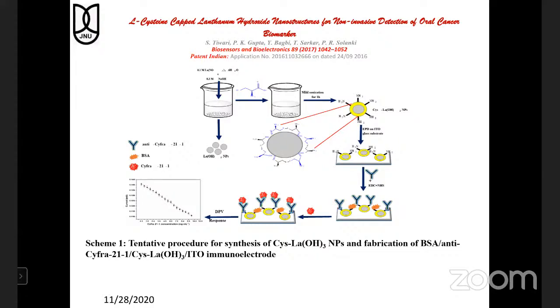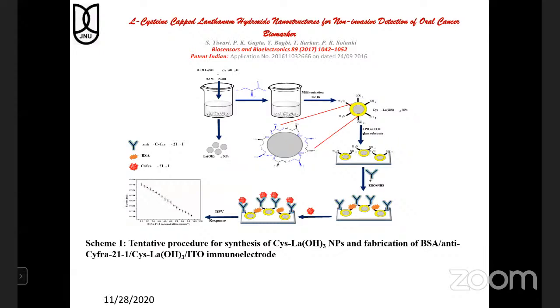To avoid this background signal, the electrode has been modified with BSA, that is bovine serum albumin, and then the electrodes were treated with the analyte, CIPRA21, and their response was monitored using the electrochemical techniques. So this is the way we are developing the biosensor electrode.